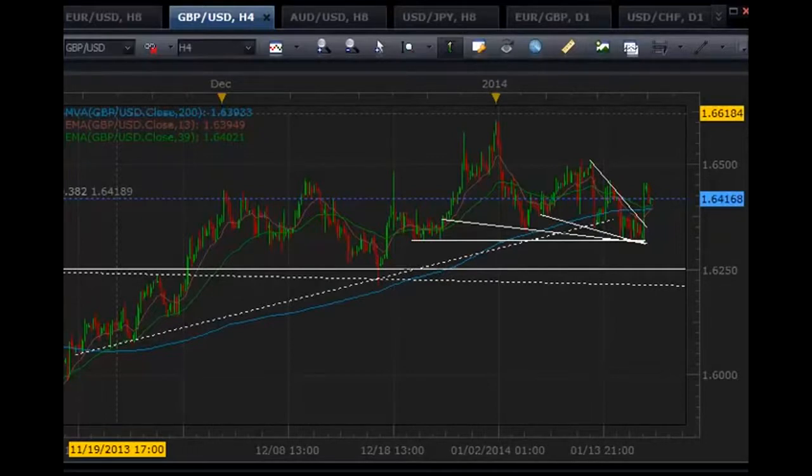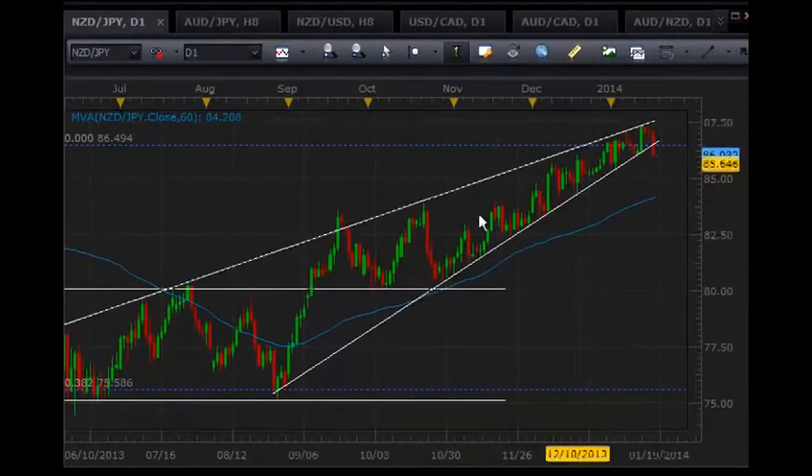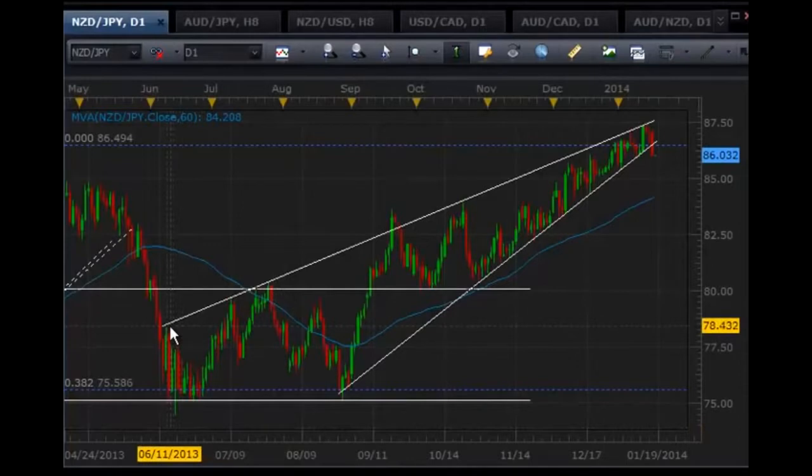Now, I've discussed in a couple strategy videos and in the regular trading videos the impact that the time frame, or at the very minimum, the charts that you look at can establish how long a trade is presumed to take. All right. Now, when I look at something like the Kiwi yen, the conditions here are a rising wedge formation that has developed arguably since way back here in June of last year.